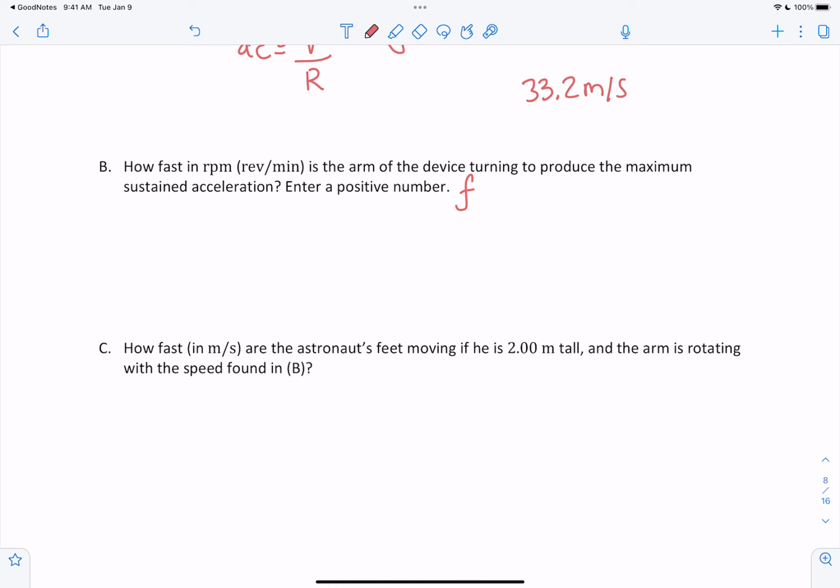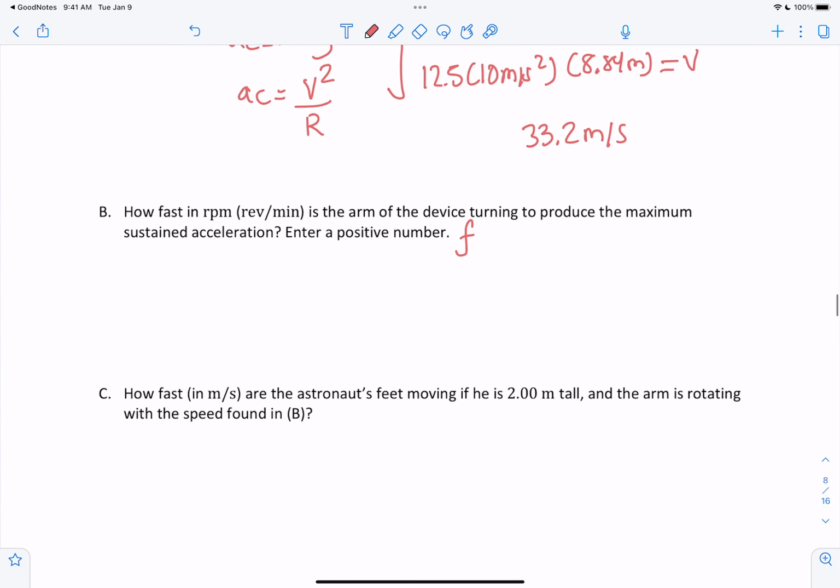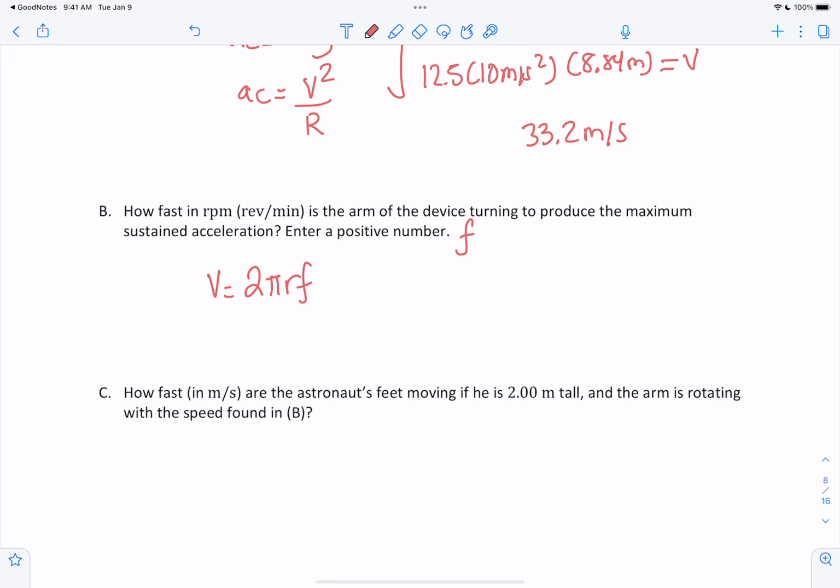Now, we know our speed from before was 33.2 meters per second, and this is equal to 2 pi r times frequency. So we're just looking for the frequency in this case.